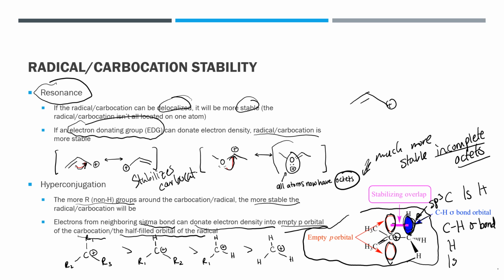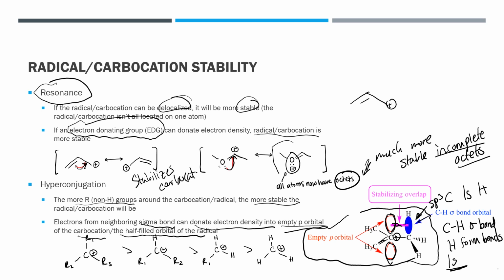And 1s orbitals can't do this same sort of hyperconjugation back bonding as our sp3 orbitals can, because our sp3 orbitals are not spherically symmetric. They can point in a direction such that they have a little bit of overlap with the p orbital of the carbocation.